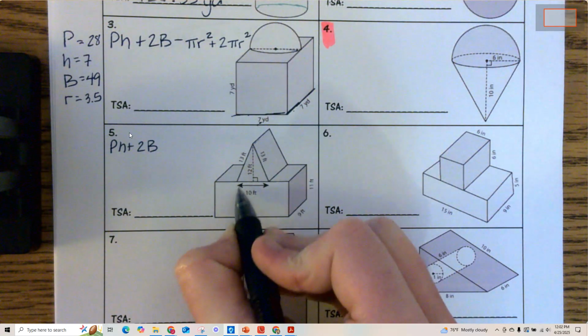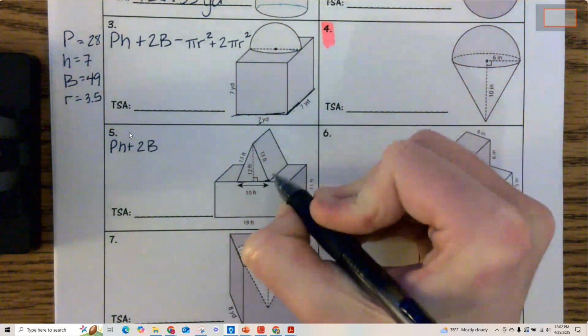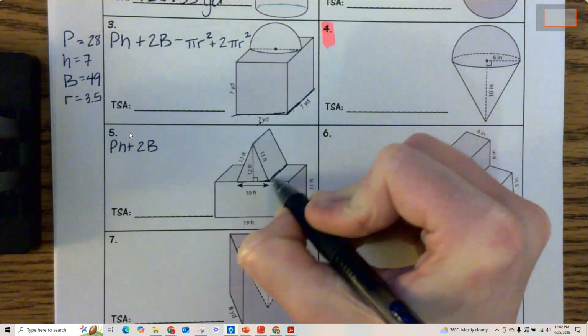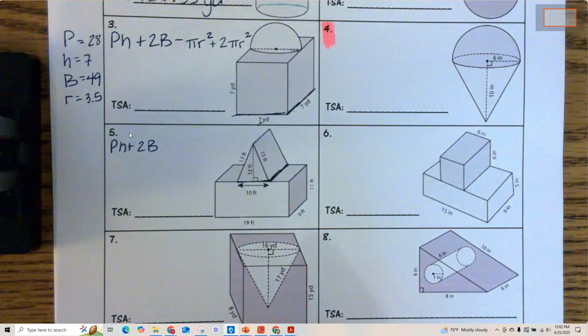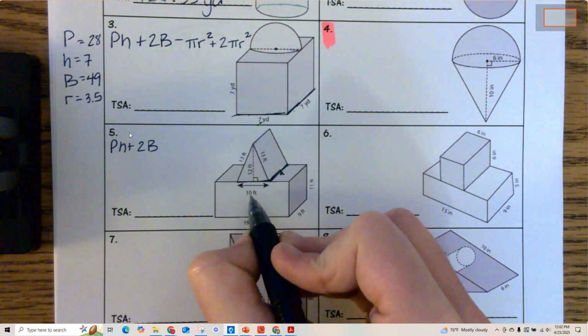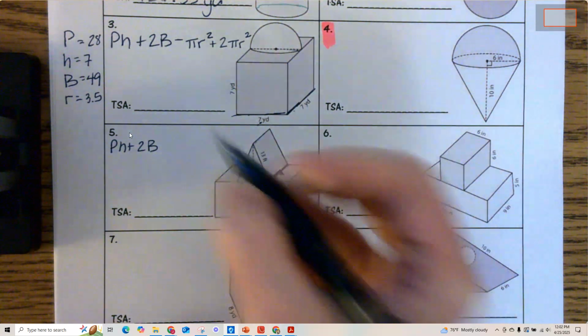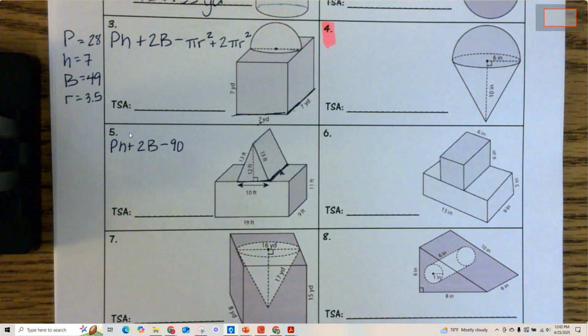So this rectangle, it tells me it's 10 feet this way. What would be the distance this way? From here to here? 9 feet. So if I need to subtract that area, 10 times 9, I'm just going to put a 90 in there.